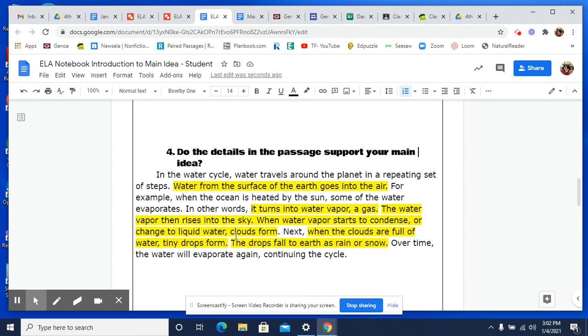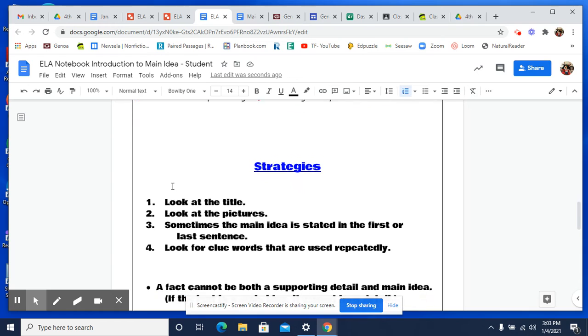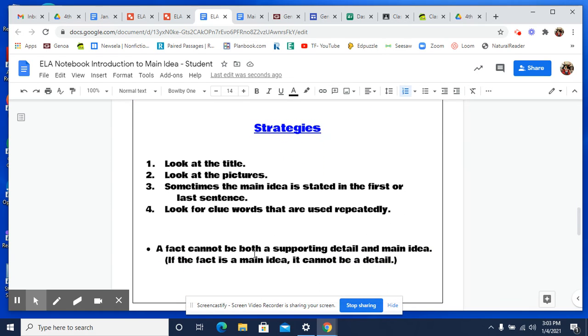Now, the one thing I want to tell you, though, is that you cannot highlight this first sentence. In the water cycle, water travels around the planet in a repeating set of steps. The reason you cannot highlight that is because a fact cannot be both a supporting detail and main idea.